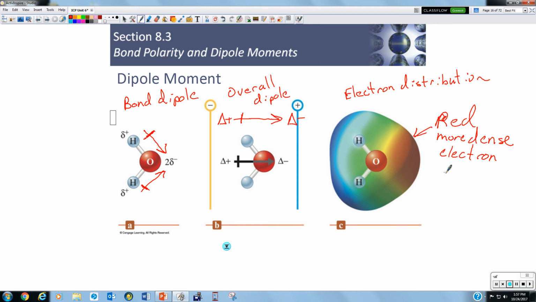All right, so the red shows more dense, the blue shows less dense.